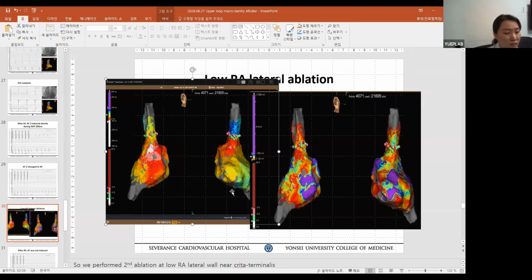But which structure is here? Here, that side. Vagus nerve.